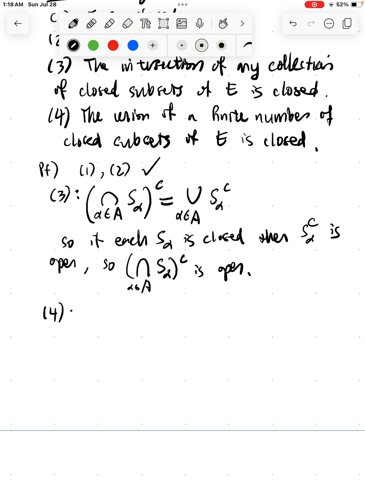Then the fourth one, the union of a finite number of closed subsets. Let's say that you have the union of S1 through Sn. So the complement is the intersection of the complements.